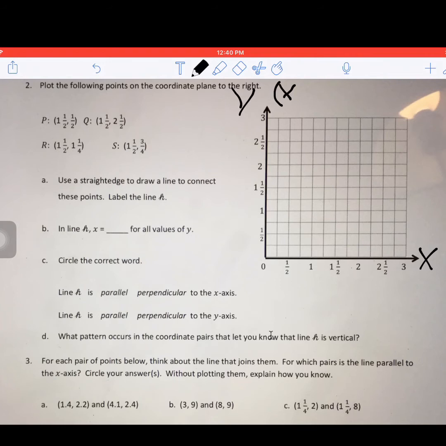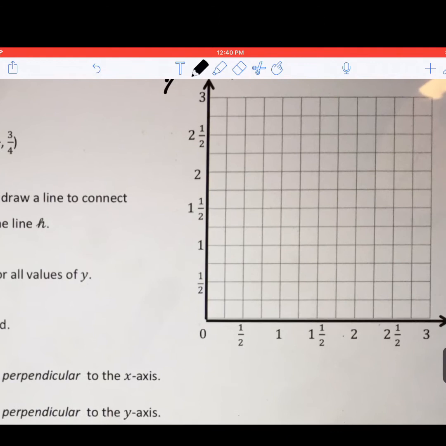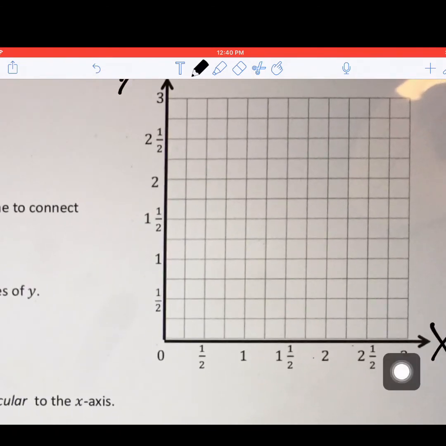It looks like I went ahead and labeled my x-axis and my y-axis, remembering that the x comes first in a coordinate pair, and then the y. My x is my bottom line, and I noticed there's my 1 1/2 for point P, and then the other point was 1/2.